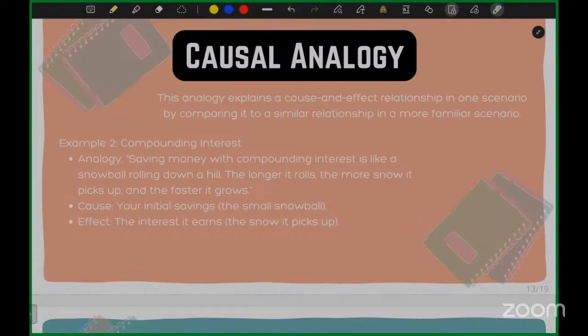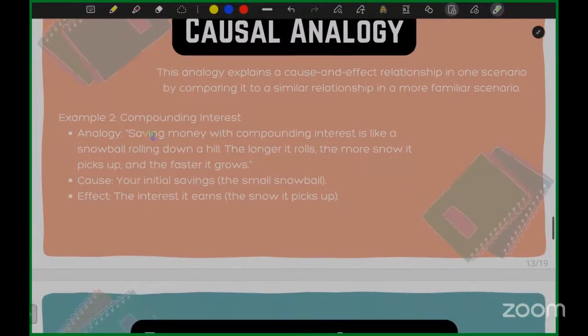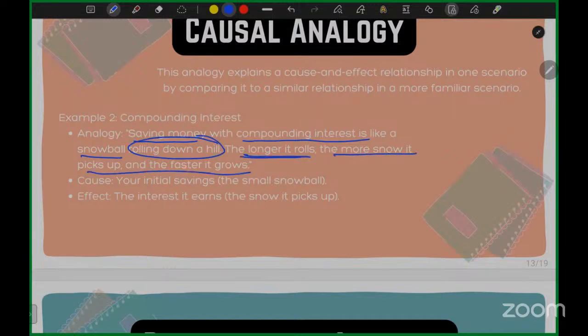So from this, we can relate compound interest. See the example here. What I'm trying to explain is that saving money with compounding interest is like a snowball rolling down a hill. The longer it rolls, the more snow it picks up, the faster the growth.